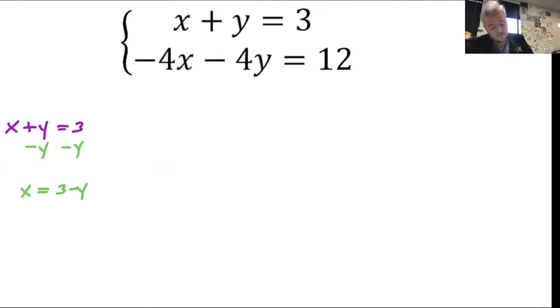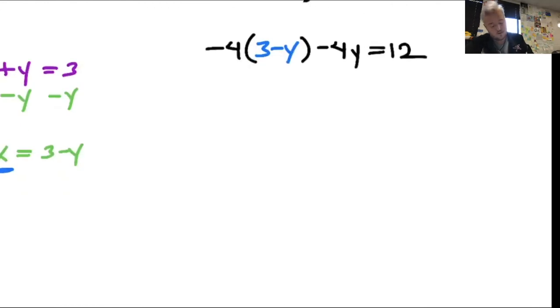All right, so now that I have an x equals equation, I'm going to plug it in for my x value in my other equation. So I'm going to have negative 4 parentheses 3 minus y, minus 4y equals 12. So I'm going to have negative 12 plus 4y minus 4y equals 12. One thing I want you to notice here: positive 4y, negative 4y, they zero out.